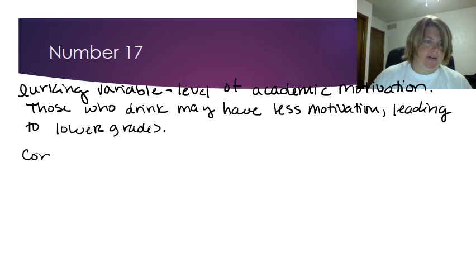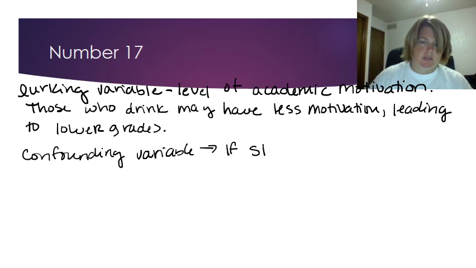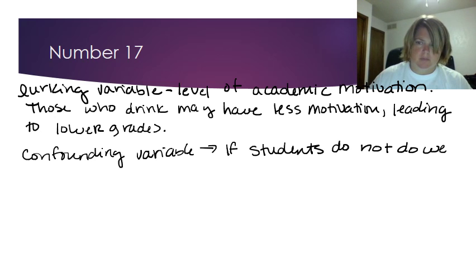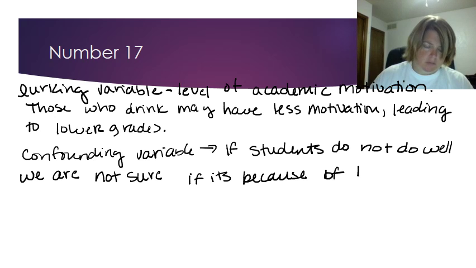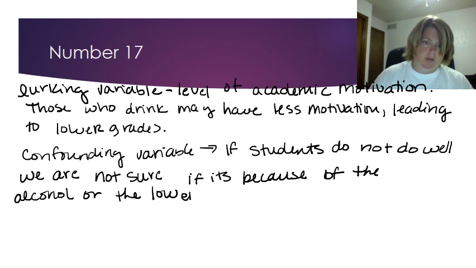And then a confounding variable based on that lurking variable could be if students do not do well, we are not sure if it's because of the alcohol or the lower level of motivation.